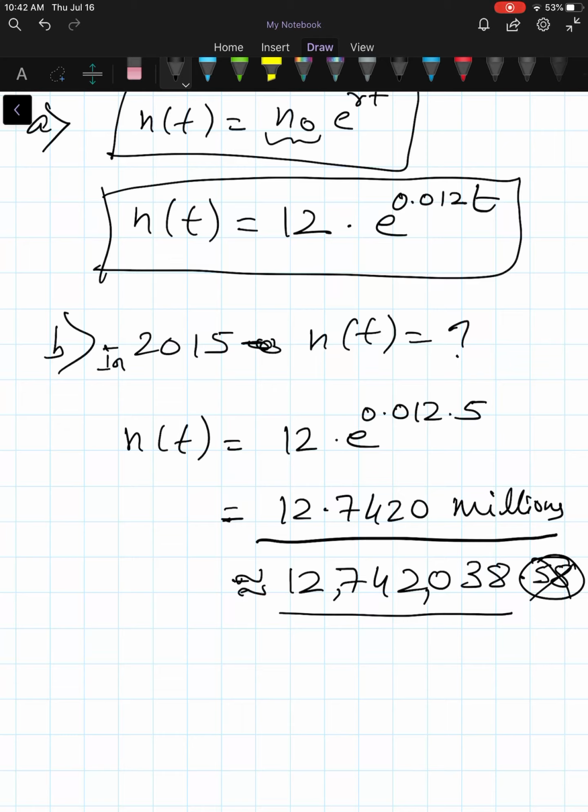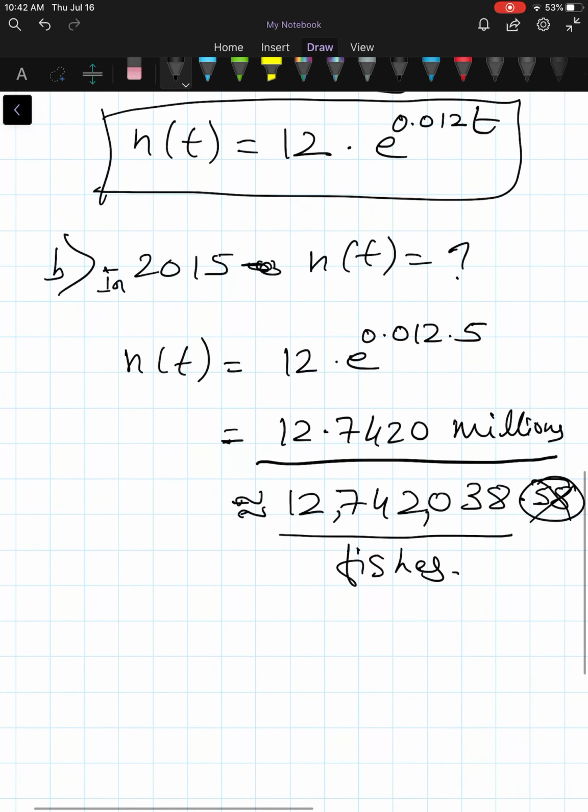So this would be the number of fish. Make sure you write the unit, or what the number is representing, as soon as you express it as an answer.